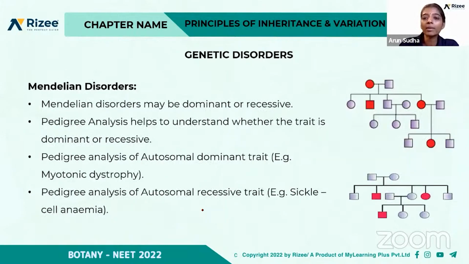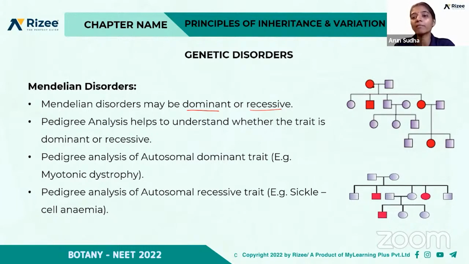If you take the Mendelian disorders, it may be either a dominant disorder or a recessive disorder. So what do you mean by dominant or recessive? Already we saw what a dominant trait and a recessive trait are, right? A dominant disorder means that if the parent is affected, it is inherited by a dominant trait.